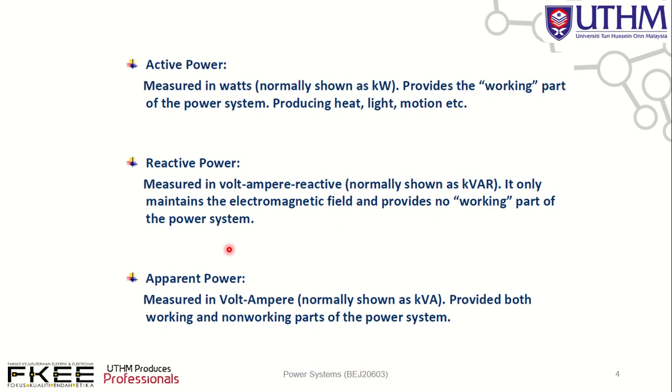Number 3, apparent power, which is S, measured in volt ampere, normally shown as kVA, kilovolt ampere, which provides both working and non-working parts of the power system. These are the types of power available in a power system.